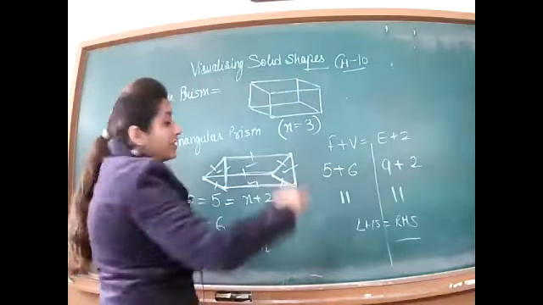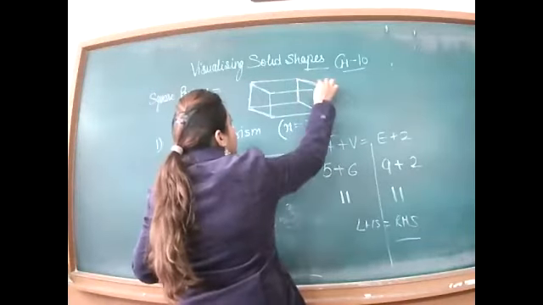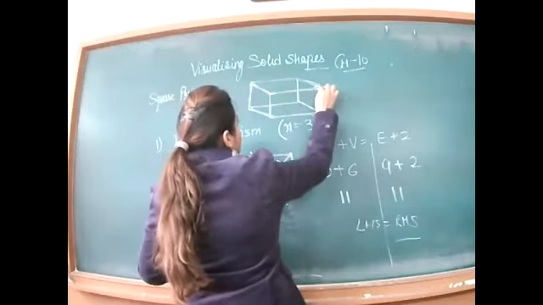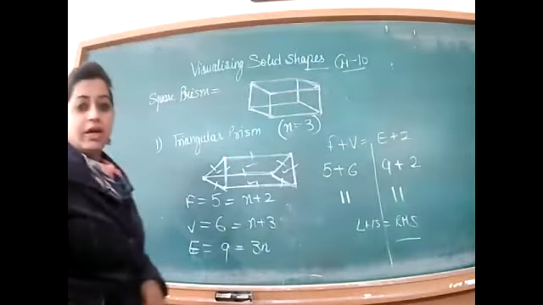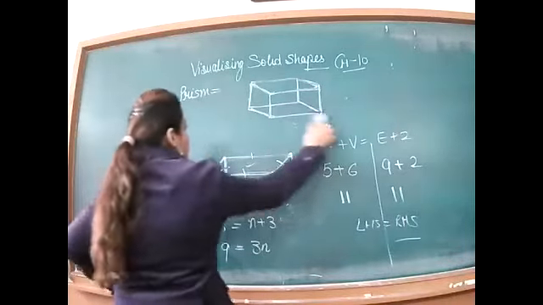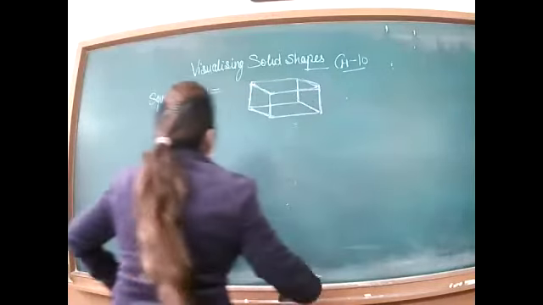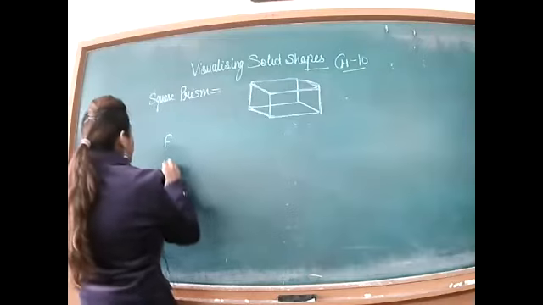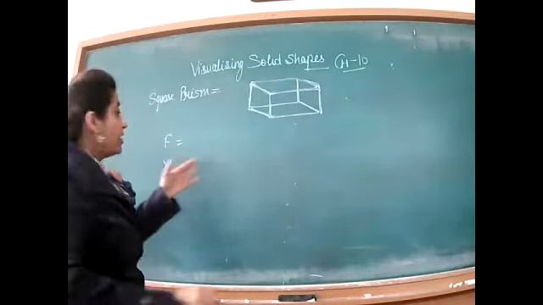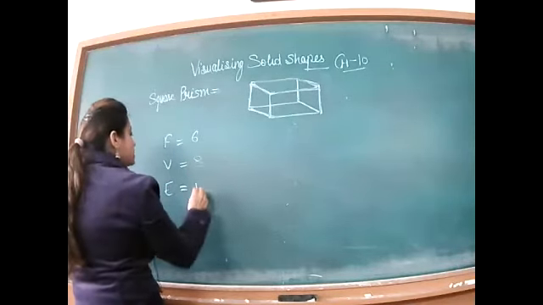Have you noticed one thing? This is the square at the top and bottom, and all these are your parallelograms in the lateral faces. Now, write the faces, vertices and edges. This is the same as cuboid. So cuboid has 6 faces, vertices are 8 and edges are 12.